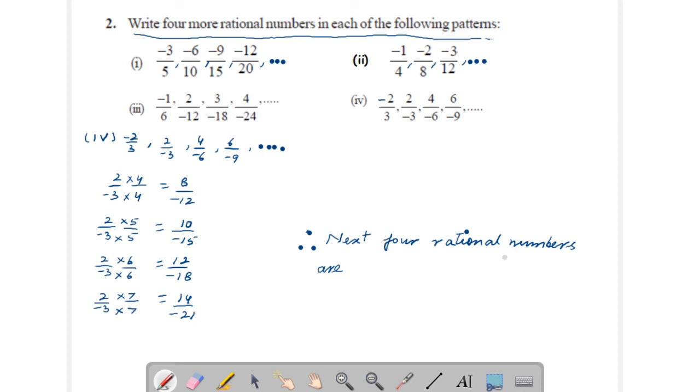Therefore, next four rational numbers are 8 upon minus 12, 10 upon minus 15, 12 upon minus 18, 14 upon minus 21. This is your answer.